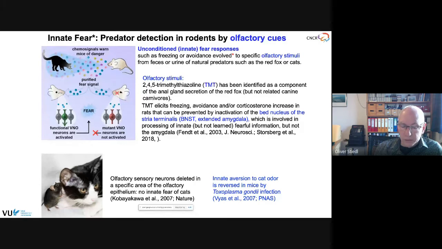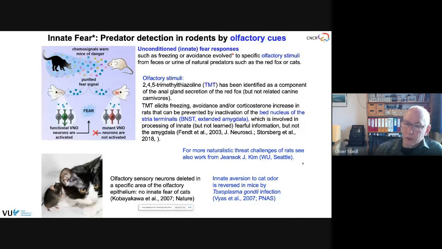But we know that Toxoplasma gondii infections are also implicated in human psychiatric disorders. Therefore, it would be wise to look at more naturalistic threats. And there's work from Jean-So Kim at Washington University in Seattle that you should look at that has exploited this.